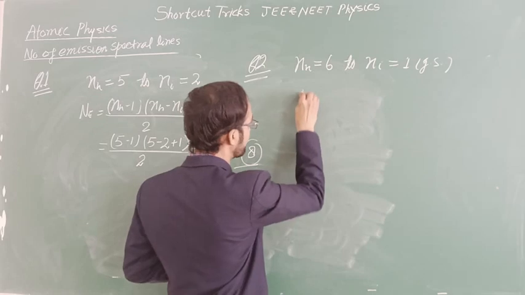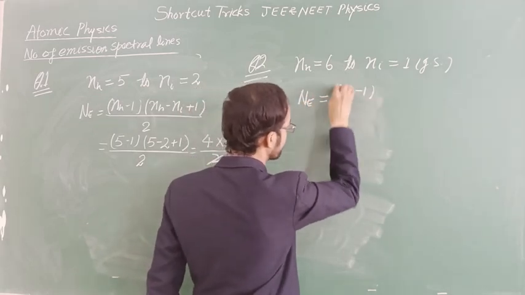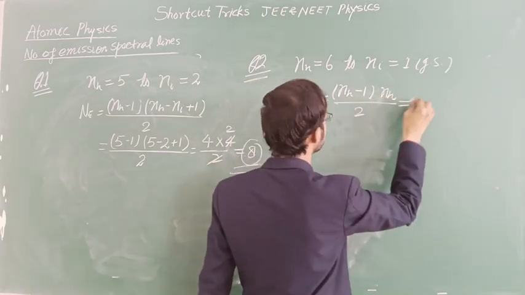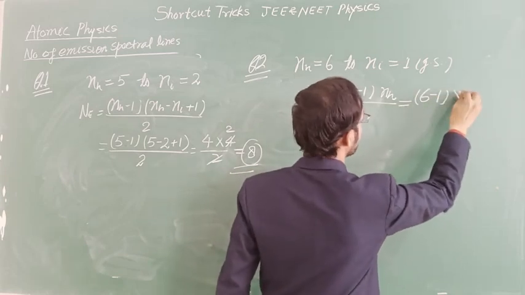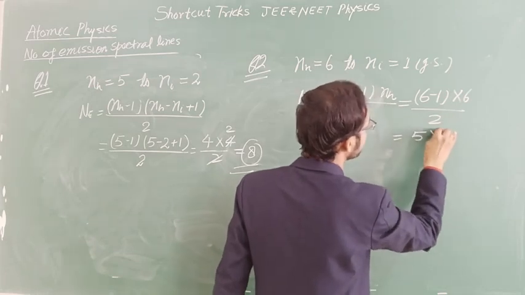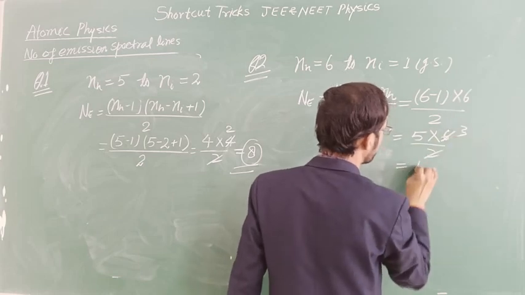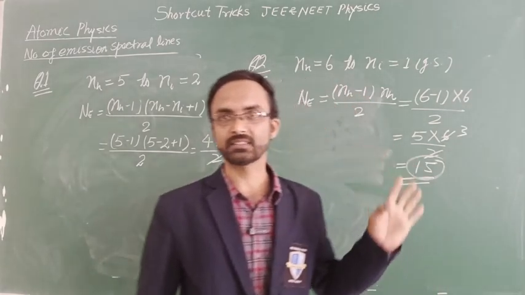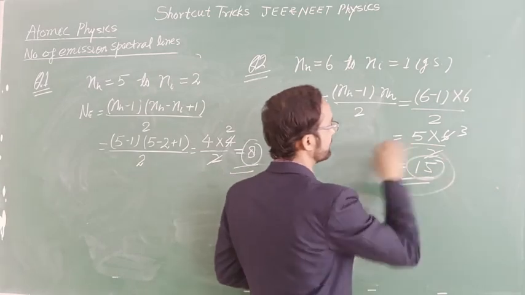So the number of spectral lines Ne equals to (nH minus 1) into nH upon 2. So this will be (6 minus 1) into 6 upon 2. So this will be 5 into 6 upon 2. So the spectral lines will be 15. And if we draw these lines by the diagram, it will take so much time. So by this formula, we can directly find 15 lines.